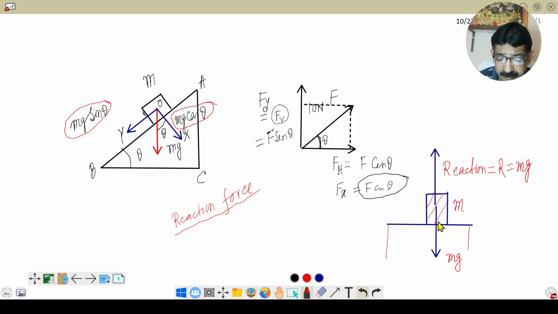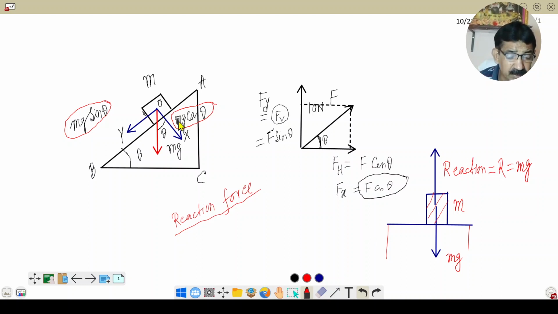So from this principle, what is reaction? Reaction is provided by the surface, and the direction of the reaction force is perpendicular to the surface on which the body is placed. Now this is the reaction force that is perpendicular to the surface. Similarly, in this case, from this principle, this is the actual idea.